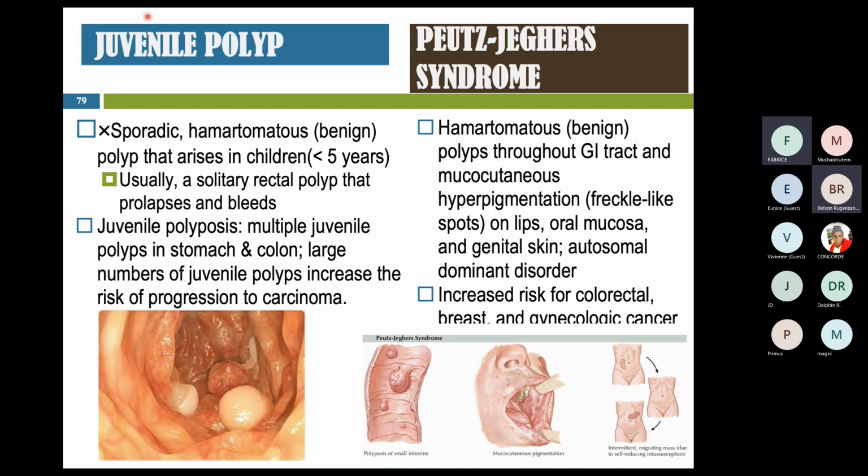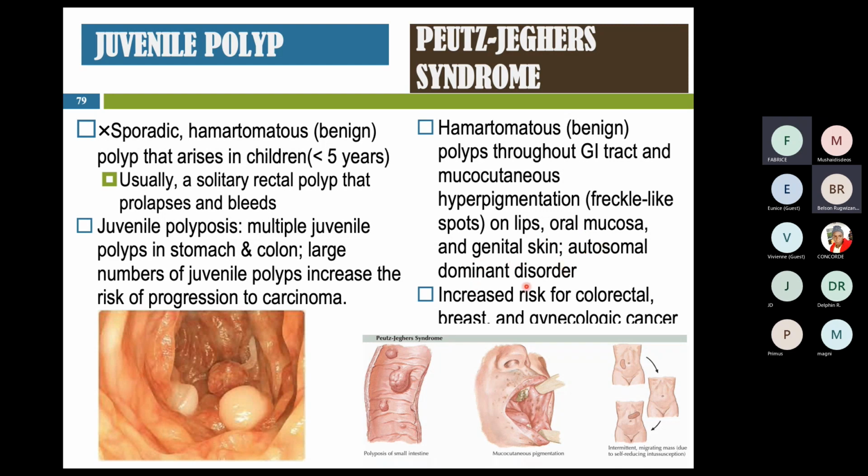There are other polyps such as juvenile polyp, which appears in a child under 5 years; otherwise it is like the others but it appears in someone young. There is also the syndrome called Peutz-Jeghers syndrome. They have polyps throughout the gastrointestinal tract in many areas, not only in the colon but also in the stomach. Another feature is that on their skin and in the mouth you see small black spots, freckle-like spots on the lips or mucosa and genital skin.